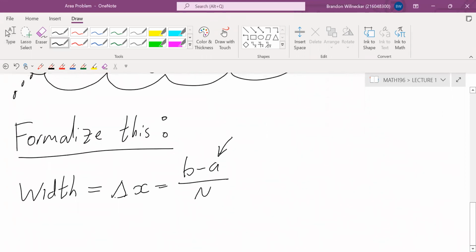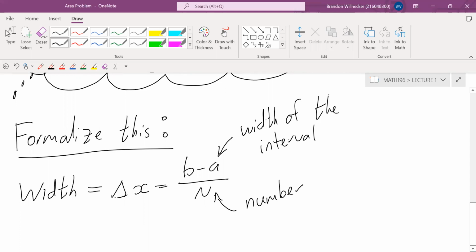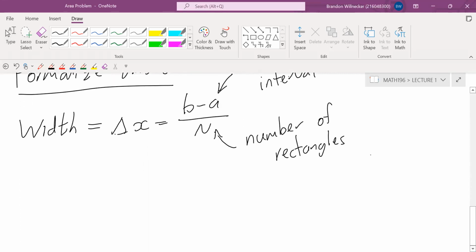So B minus A is the width of the interval, and n is the number of rectangles. So the width of the interval divided by the number of rectangles gives us the width of a single rectangle.